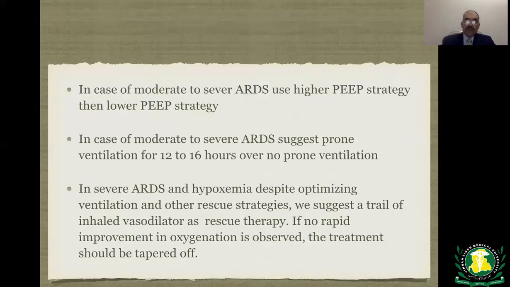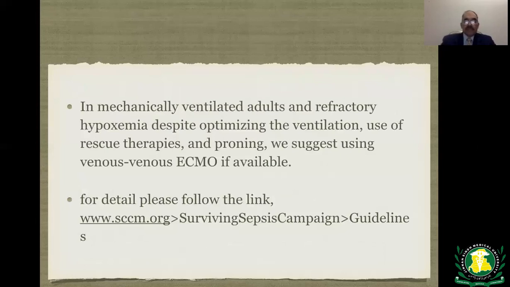And in severe ARDS and hypoxemia, despite optimizing ventilation and other rescue strategies, give them a trial of inhaled vasodilator as a rescue therapy. But if no rapid improvement in oxygenation is observed, then treatment should be tapered off. In mechanically ventilated adults with refractory hypoxemia, despite optimizing the ventilation and use of rescue therapies and proning, then consider using ECMO. And I've given the link for the Society of Critical Care guidelines.